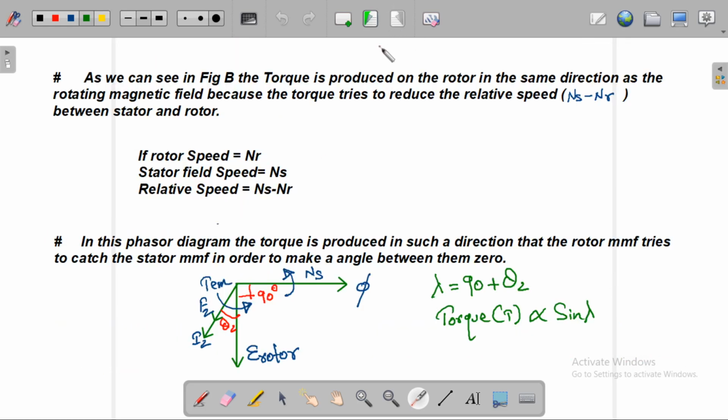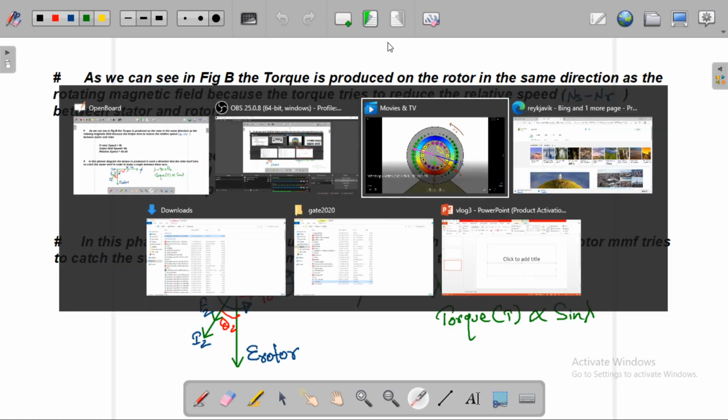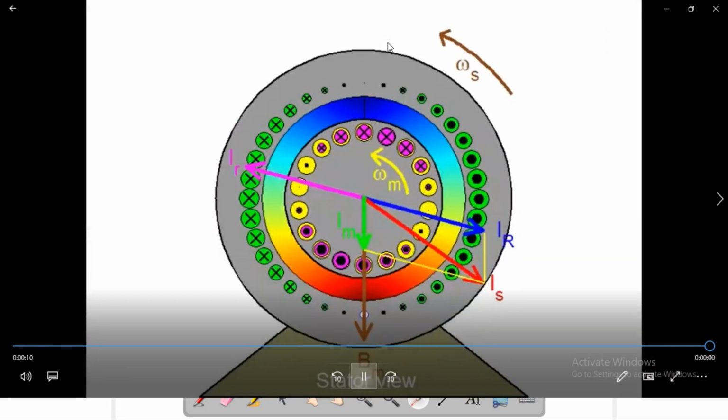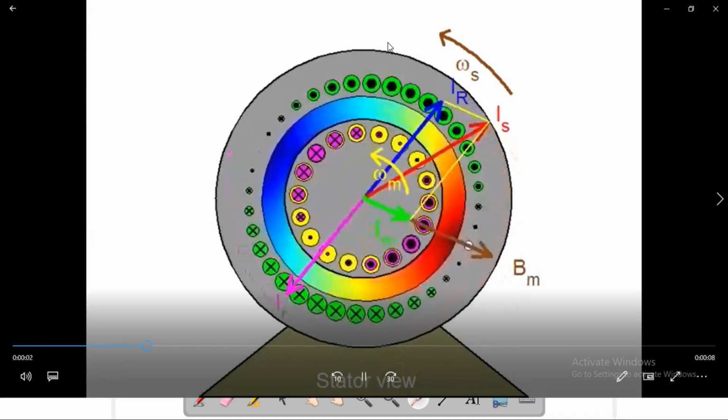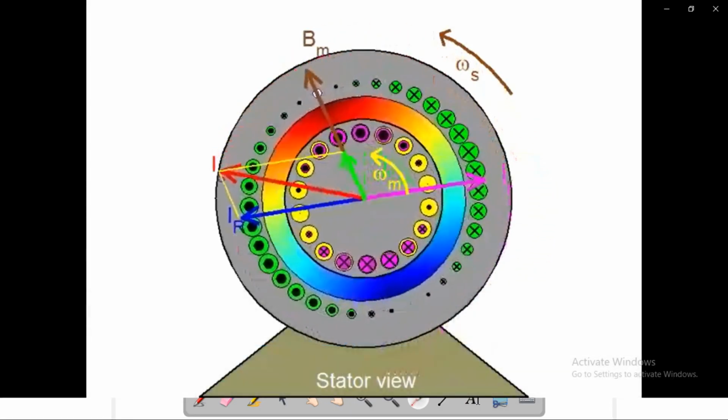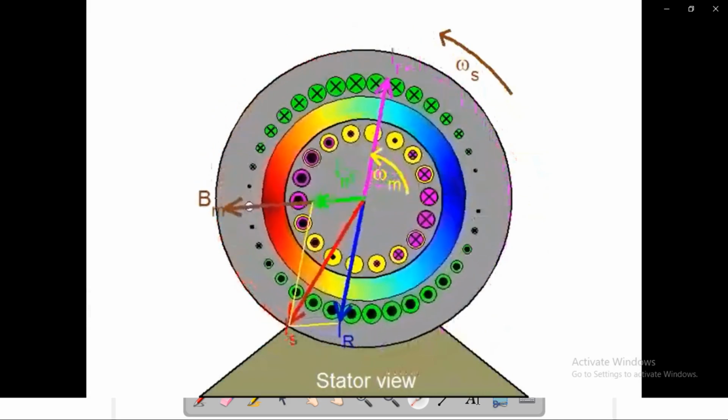Now next, let us see how torque production takes place in an induction motor. This is the way of torque production in an induction motor.